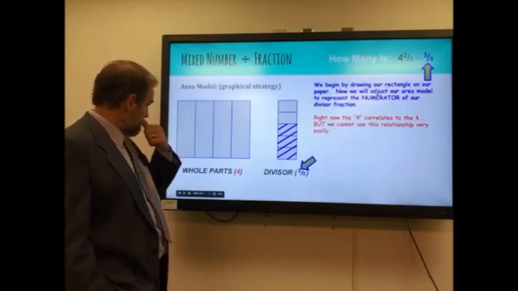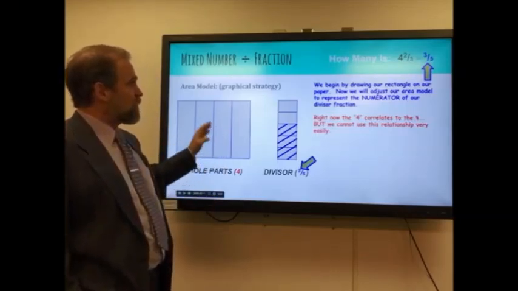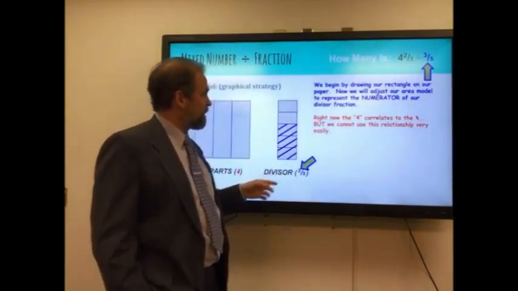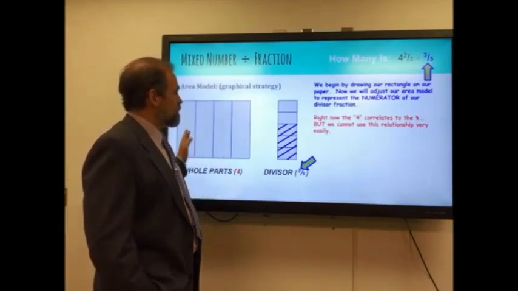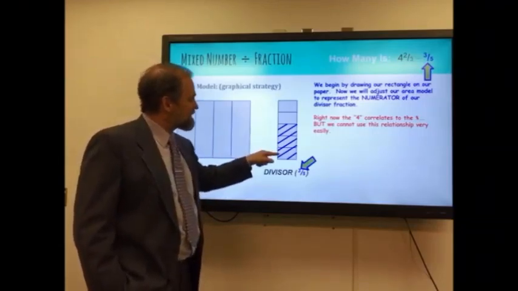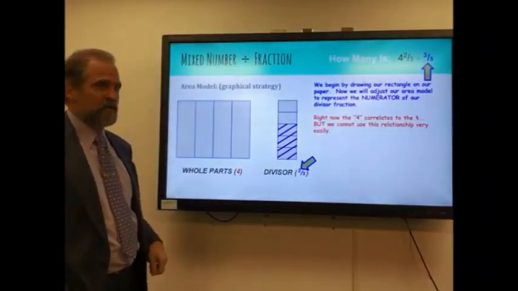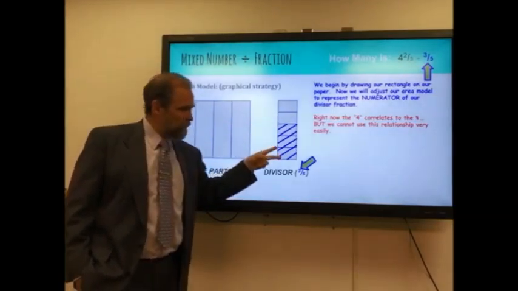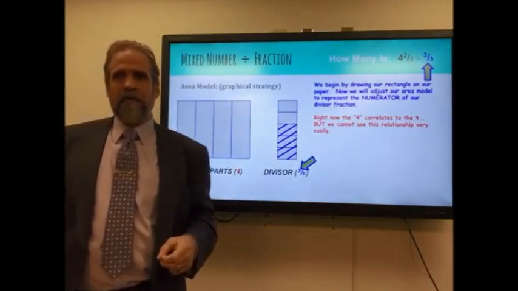Now the 4, this 4, correlates to the 3/5, okay? But we cannot use this relationship very easily. So what we want to do is look at how this can become 1/5. What would I have to do to make 3/5 become 1/5? That's important. That's what we're trying to get.